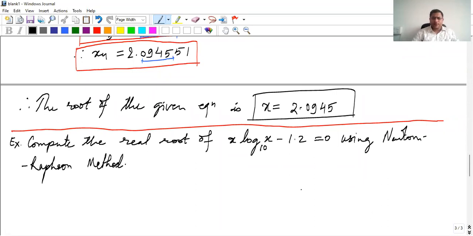Okay, so this is the given example, and then we have to find the root of this equation.